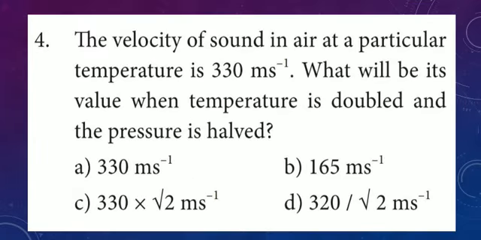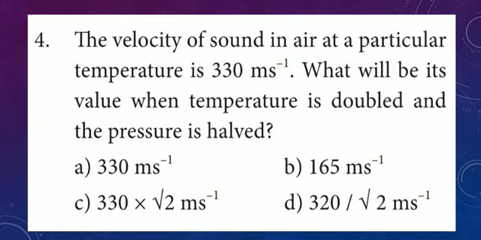Next, fourth question. The velocity of sound in air at a particular temperature is 330 meter per second. What will be its value when the temperature is doubled and the pressure is halved?